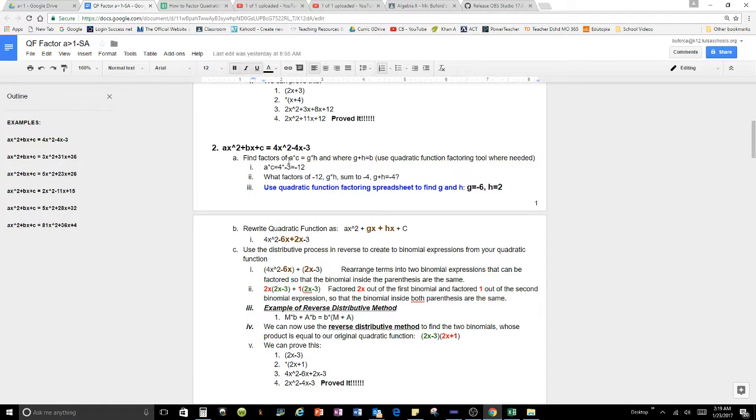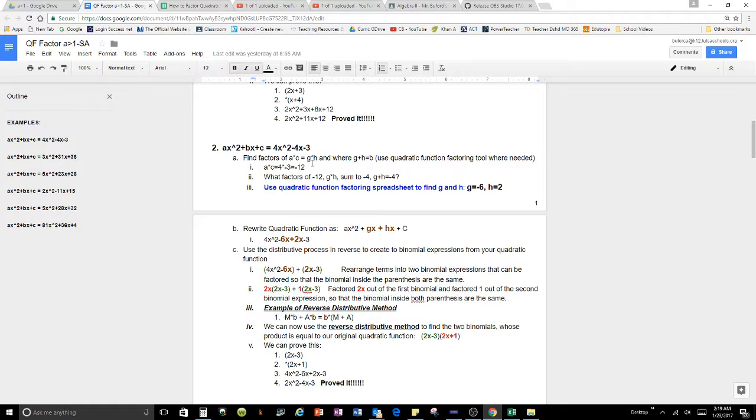So again, we start by trying to find a g and h value, but remember, this g and h value is just going to allow us to reorganize our equation so that we can get it in a form that will allow us to do the reverse distributive process.